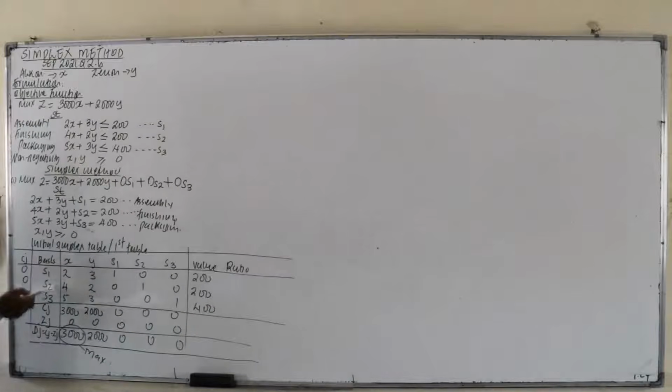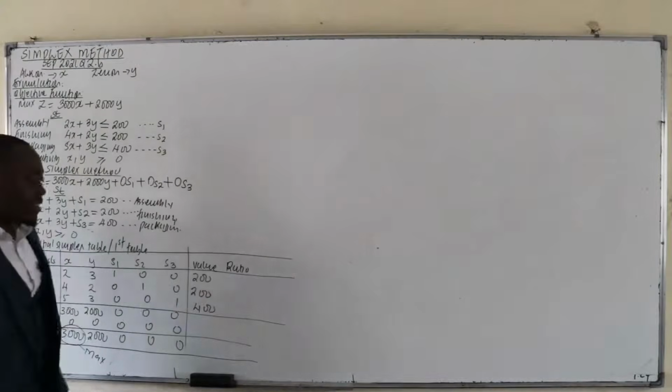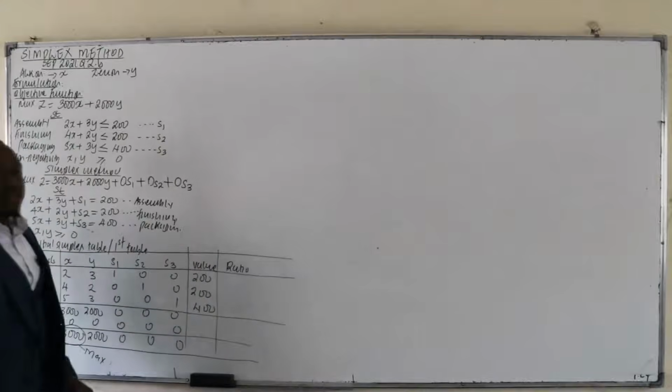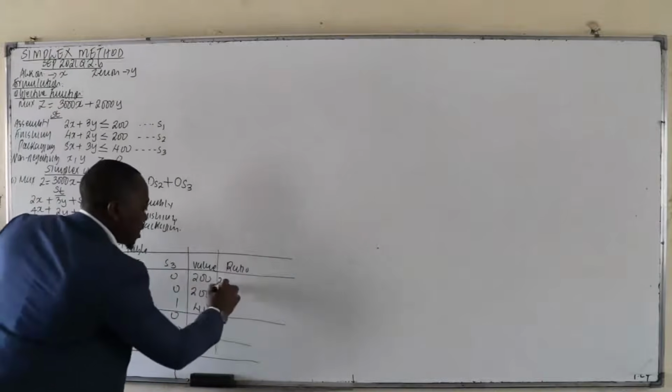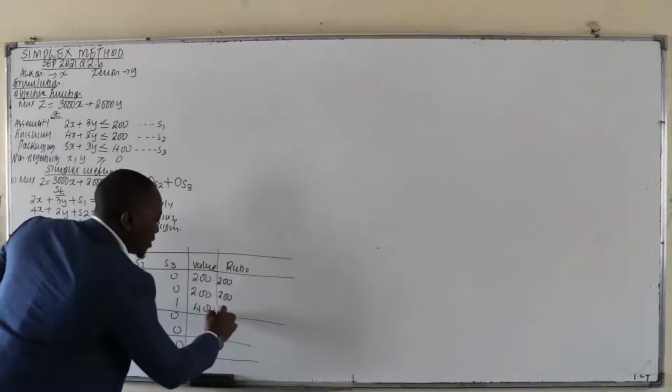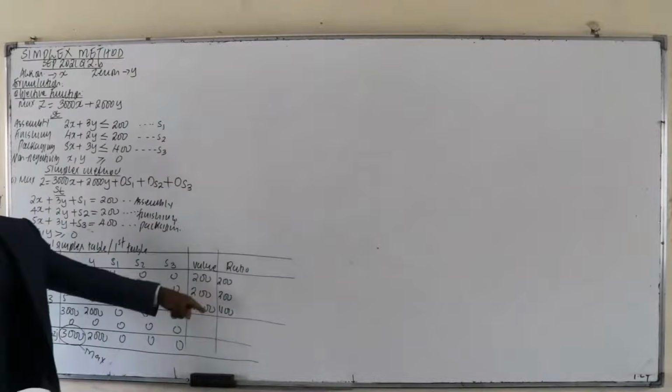This is how we get the ratio. You take the values, 200, 200, 400, and you divide by the element from the column where you have the maximum before you get the pivot.